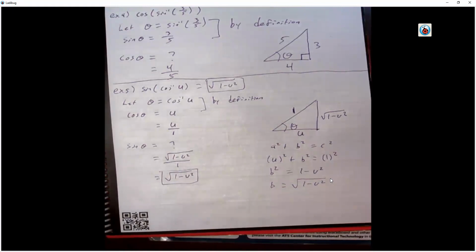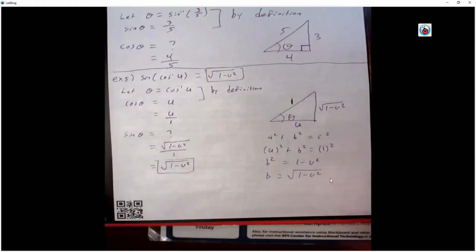We do one more just in case. You guys will clean this page.